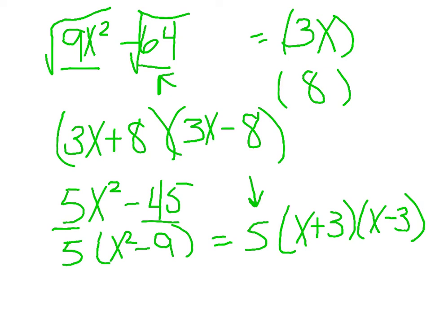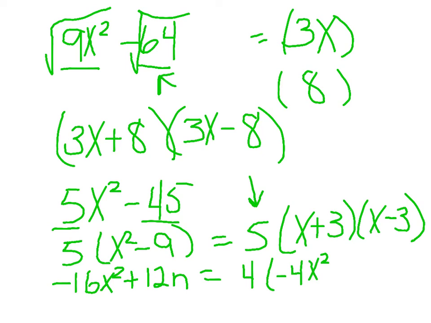Okay, let's have one more kind of odd example. Notice that I can divide both of these by 4. If I pull a 4 out, I would have negative 4x squared plus 3x.